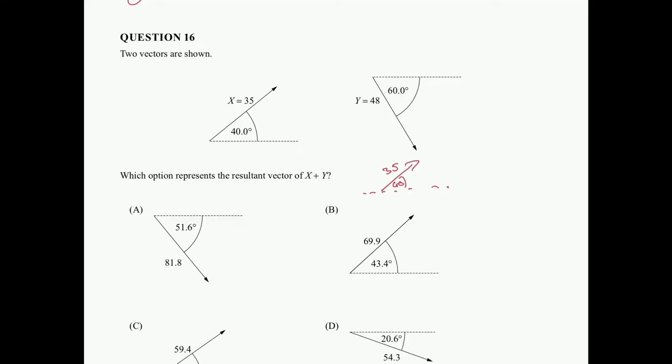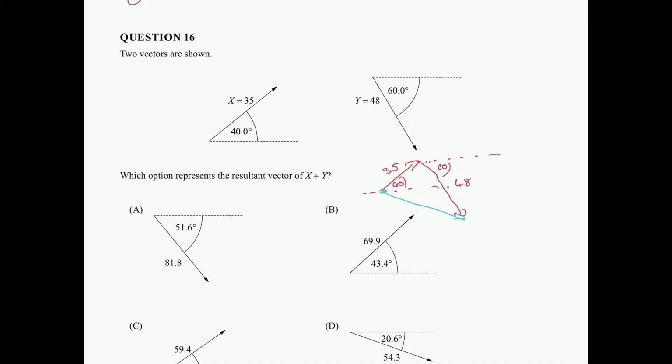And then we are adding vector y, which goes down from this new horizontal at 60 degrees, and it has a magnitude of 48. And so we have a new vector from the tail to head.